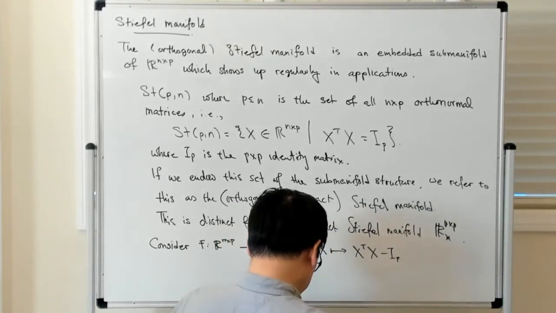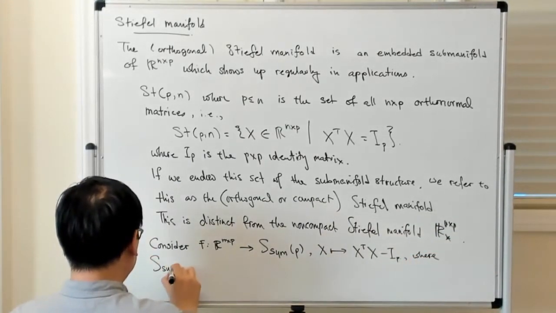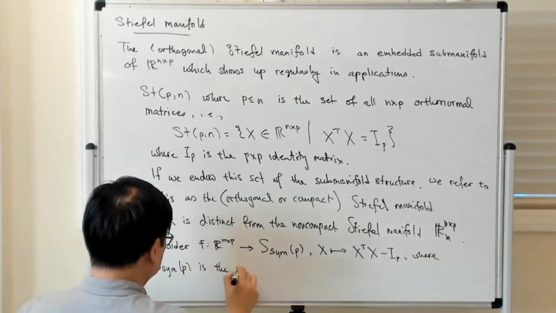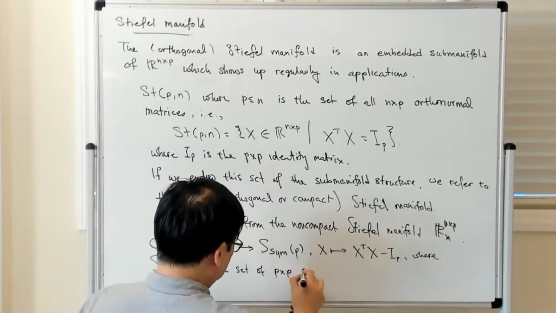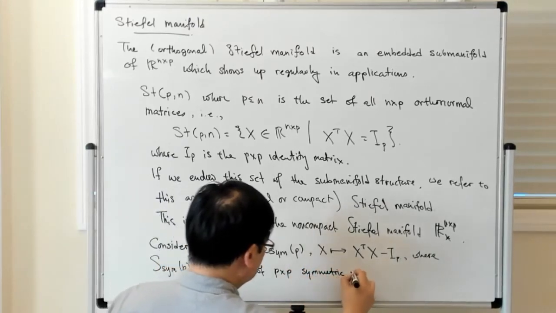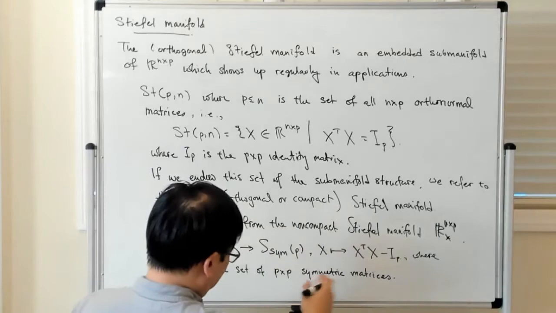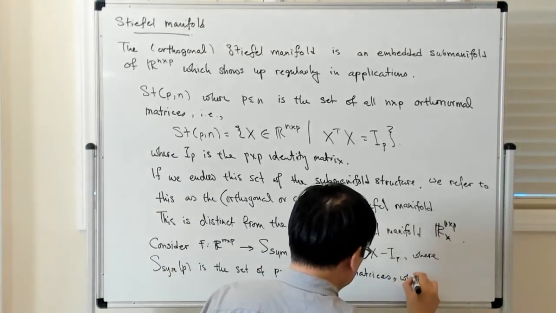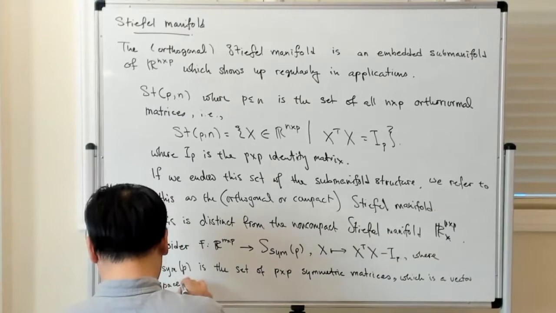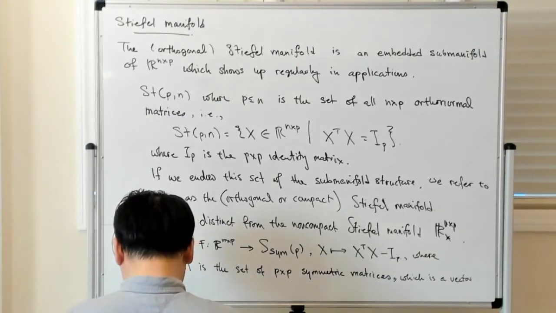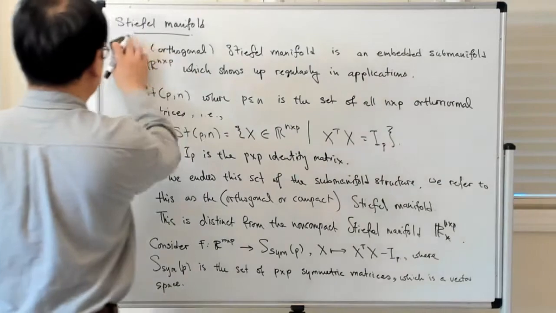So that's the natural thing, where again Sym(P) is the set of P by P symmetric matrices, and you can check that that's a vector space, so you don't have to worry about the use of charts.